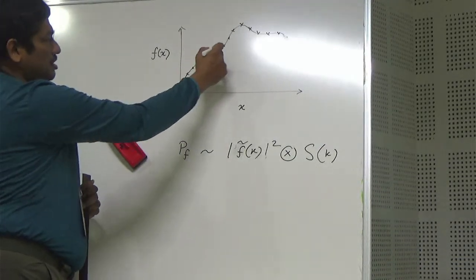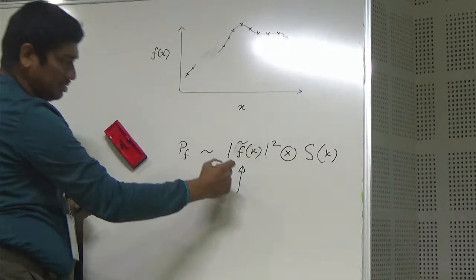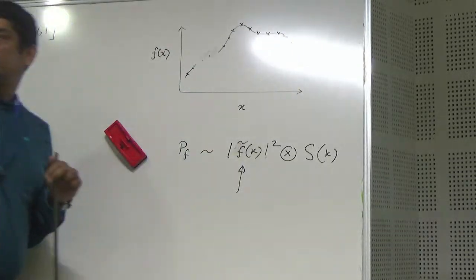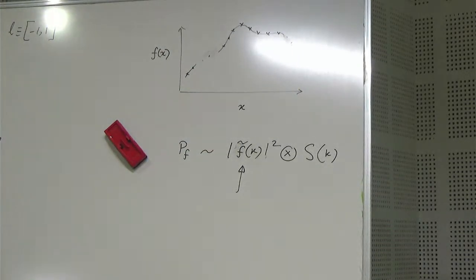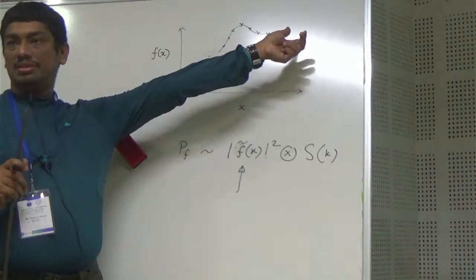Because those places are missing, if you want to get back to the function, I have to assume the values there. Depending on how I interpolate those values, I will reproduce this function. It completely depends on how we have done it.